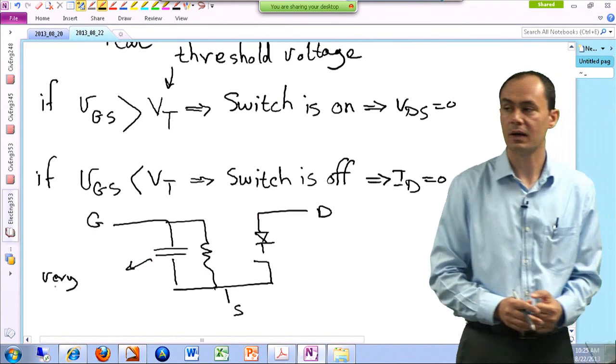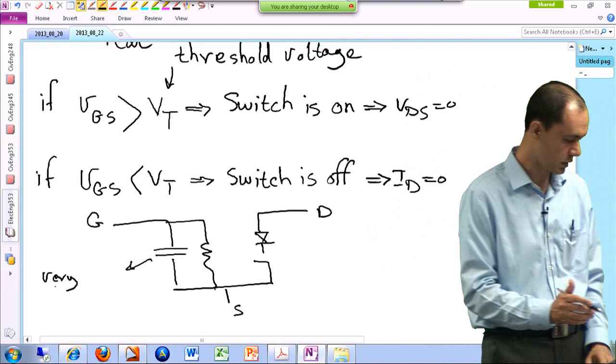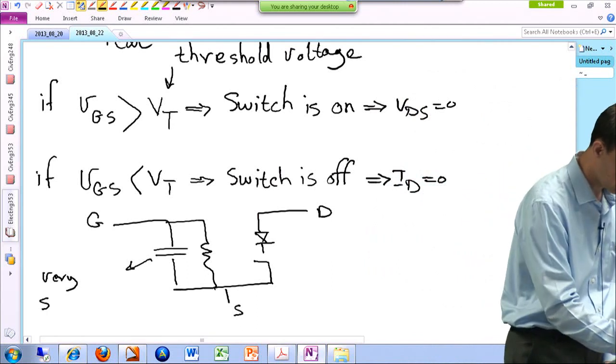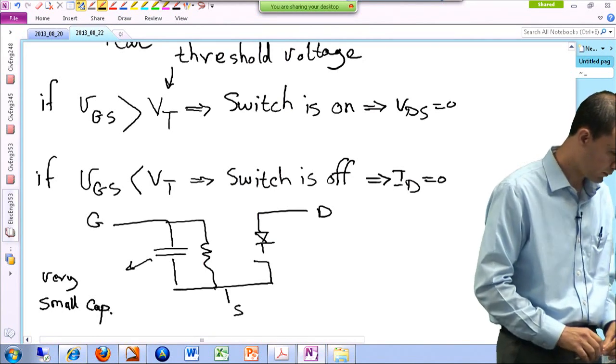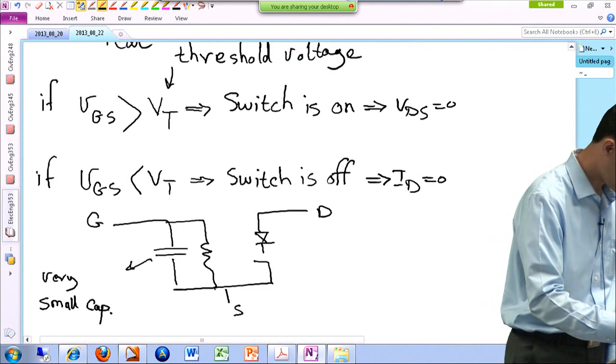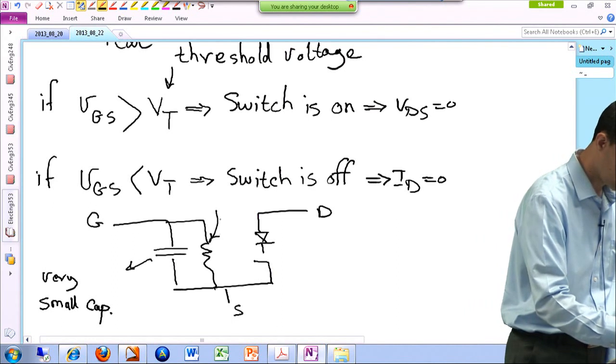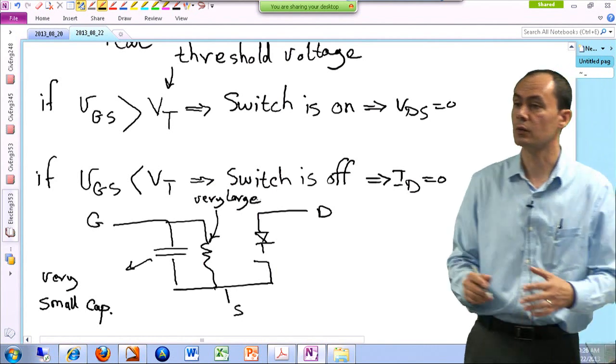At least the value of this capacitor usually appears on the data sheet of your MOSFET, very small. Okay, and this resistor is very large. It's as if it's like an open circuit.